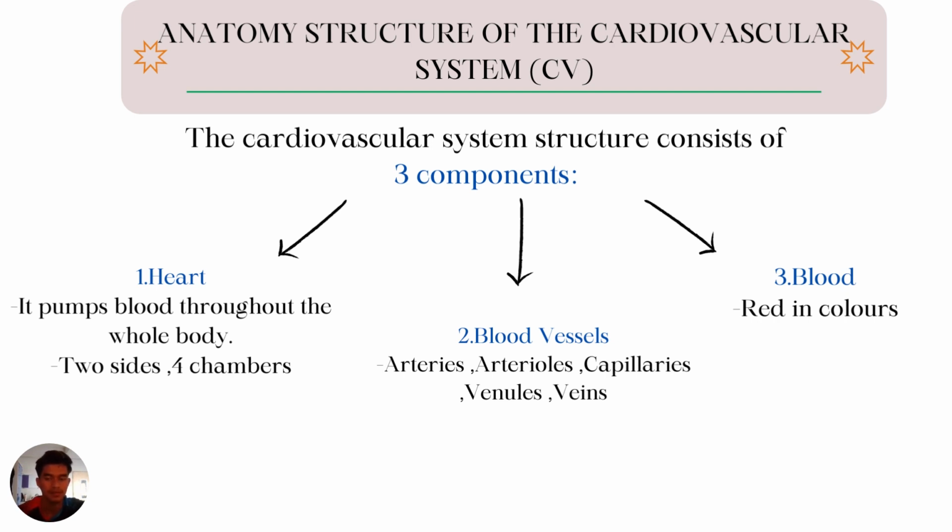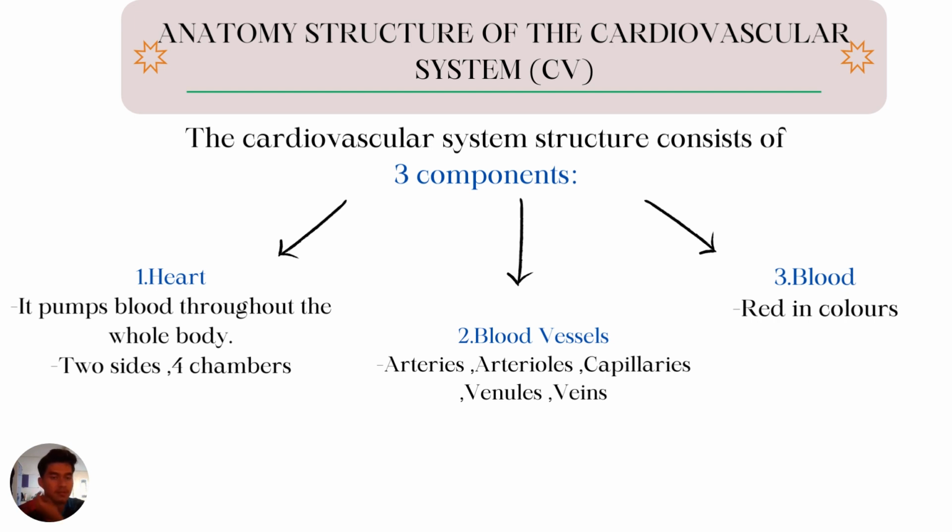The parts of our circulatory system are the heart, a muscular organ that pumps blood throughout our body, blood vessels, which include our arteries, veins, and capillaries. And the last one is blood, made up of red and white blood cells, plasma, and platelets. So the cardiovascular system structure consists of three components.